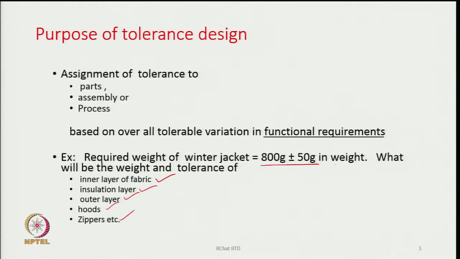So, it could be weight, it could be any other property, maybe insulation property, or it could be the size, in some cases the strength, some cases air permeability, whatever it is. We need to find out the tolerances of individual components, which are contributing to the overall tolerances of the product as a whole.